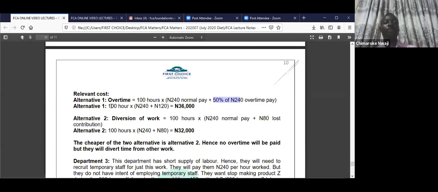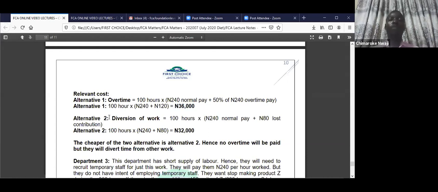So that means you have 100 hours times open a bracket 240 here plus half of 240, 120. So this gives you 360. 360 multiplied by 100, you have 36,000. This is one alternative. So if you ask them to do overtime job, this is what the company is going to spend, favoring overtime.